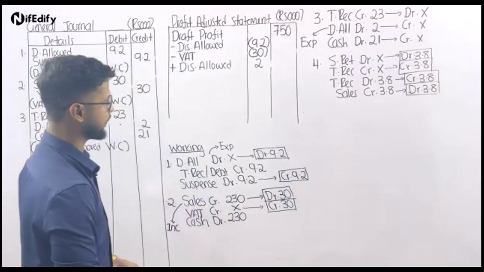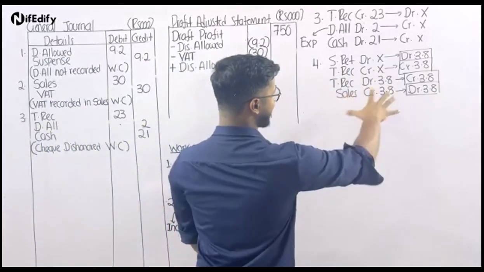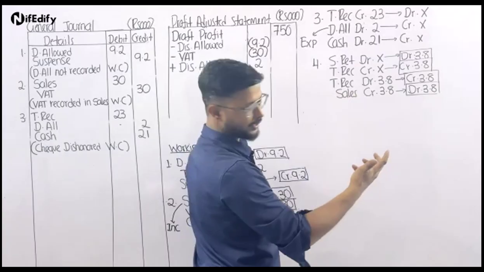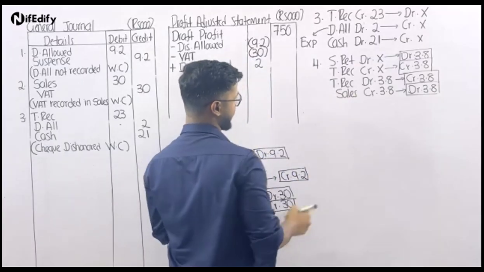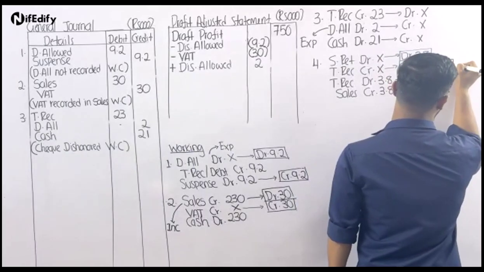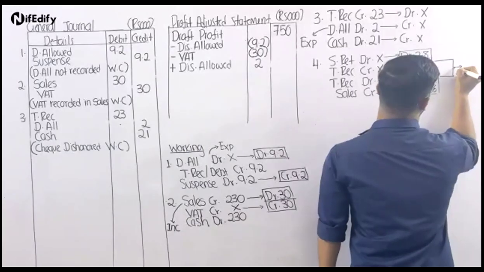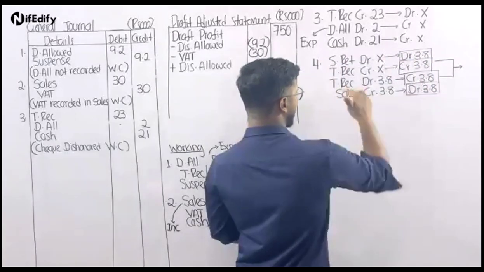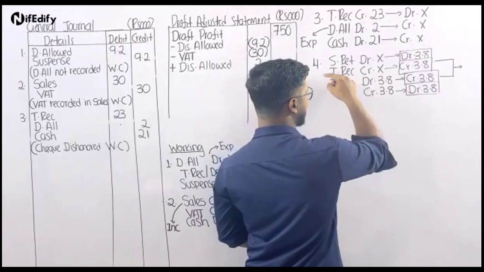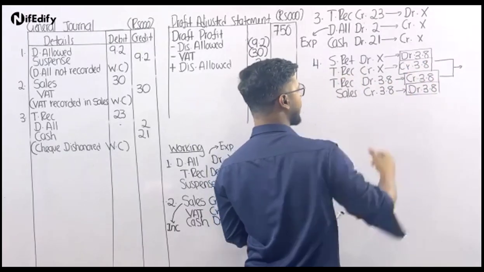So point is this. If you take a look at these entries, you see there is a common entry in the trade receivable account. Trade receivable got duplicated twice because there is a common entry. Credited twice. Credited 3.8, again credited 3.8.